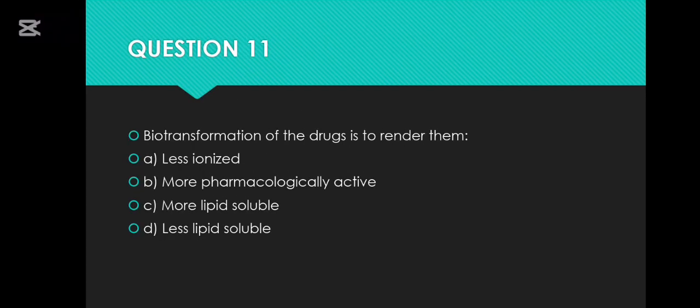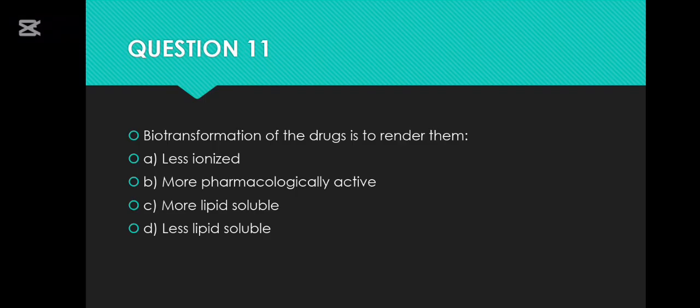The question says, the biotransformation of a drug is to render them: A, less ionized, not necessarily. B, more pharmacologically active. C, more lipid soluble, not necessarily, because for most drugs we want to change them from more lipid soluble to less lipid soluble.